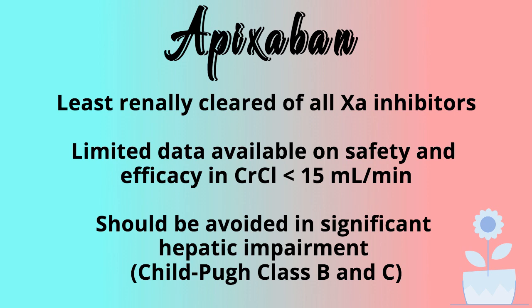There is very limited data available on safety and efficacy in patients who have creatinine clearance less than 50 milliliters per minute, but there are some post-marketing and observational studies that have shown that it actually is even safe in patients on hemodialysis in certain indications. This should also be avoided in significant hepatic impairment, or Child-Pugh classes B and C.